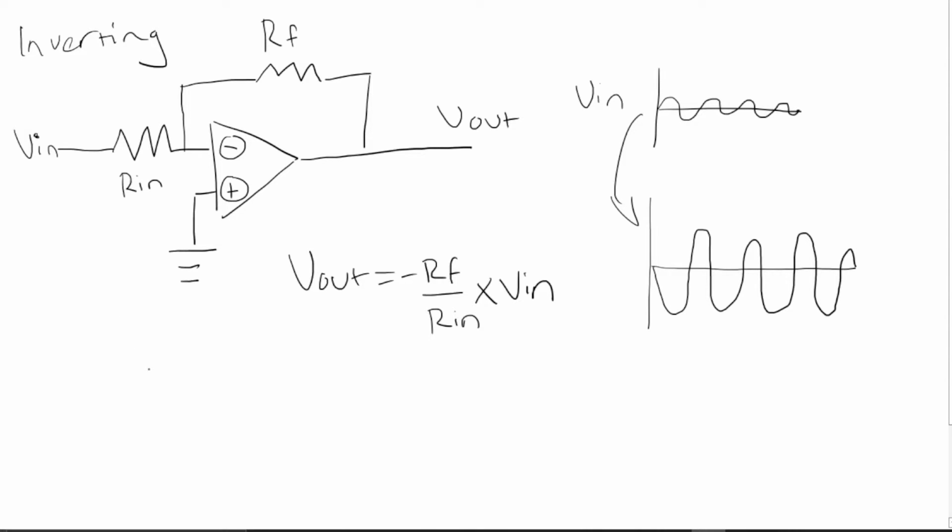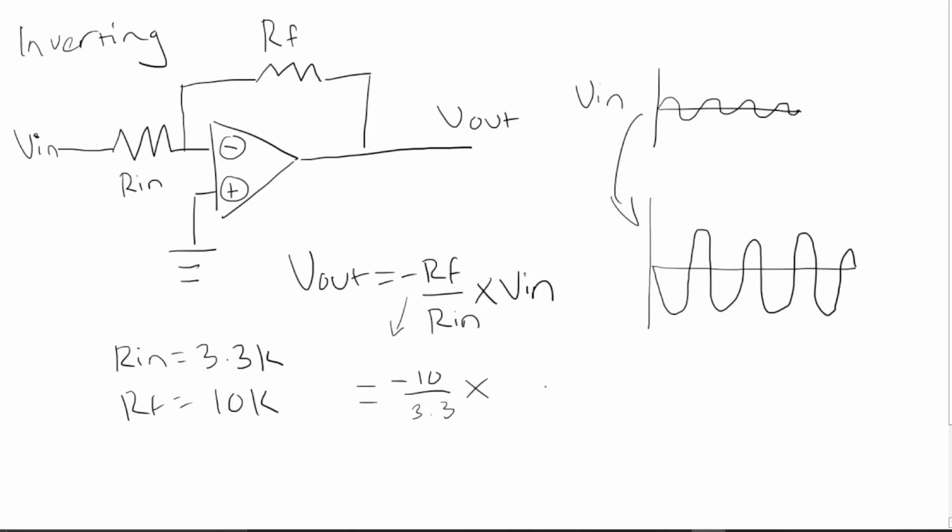As an example, let us take R in equals 3.3k, R f equals 10k. We want to find our V out, our expected voltage output here. We'll plug in the numbers using this formula. So minus 10 over 3.3. I did not put 10,000 since we're working in the same units, we can just cancel it off.